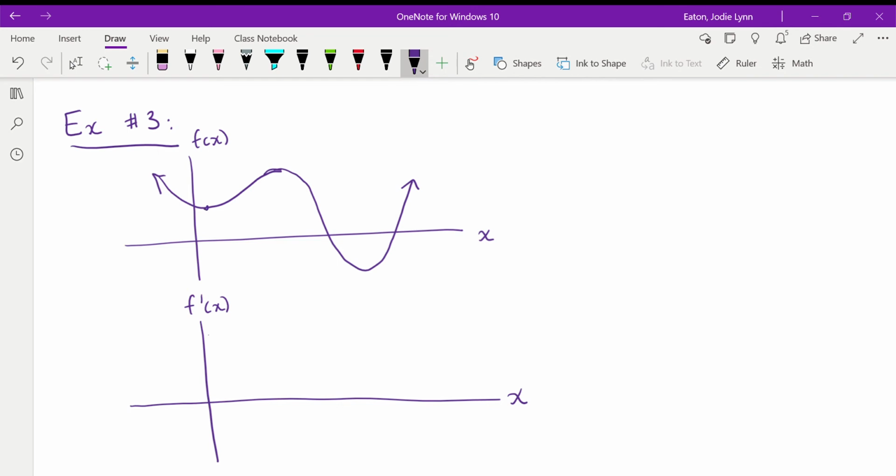So right here we have a flat tangent line, and wherever this function turns around, we're going to have a flat tangent line. This is going to give us the zeros of our derivative function.